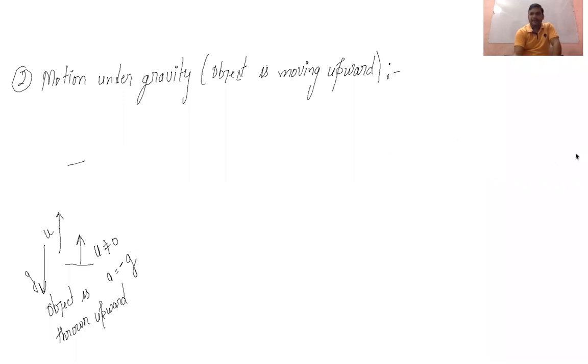Why? Because velocity and acceleration are in opposite directions. In the previous case we took a equal to plus g because velocity and acceleration were in the same direction. That is the important point, we have to be careful about these things. Whether we take positive or negative depends on the mutual direction.